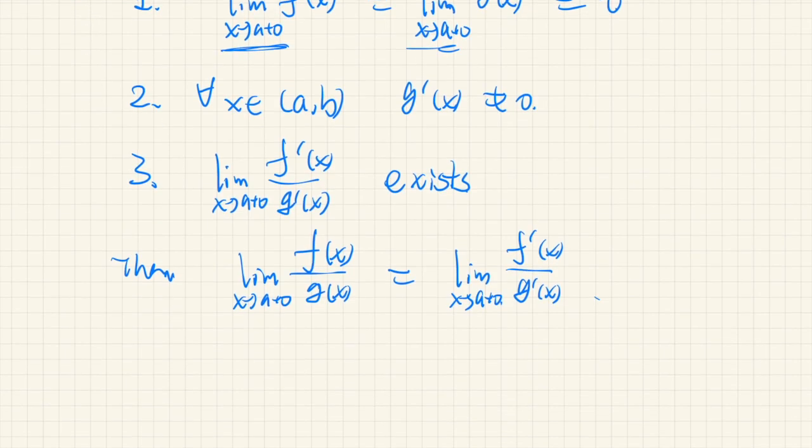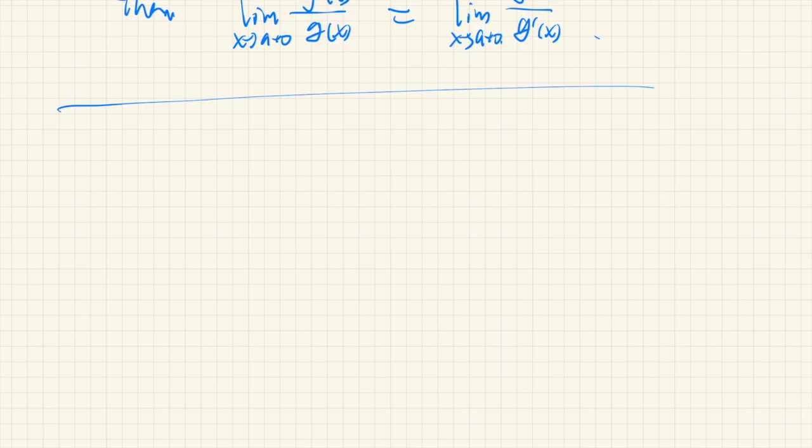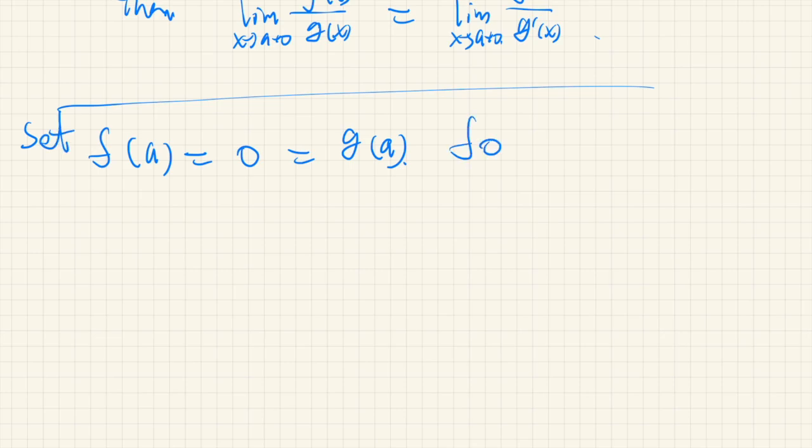So we can just assume or set f of a equal to 0, which is also equal to g of a. We can set this for convenience in the following.